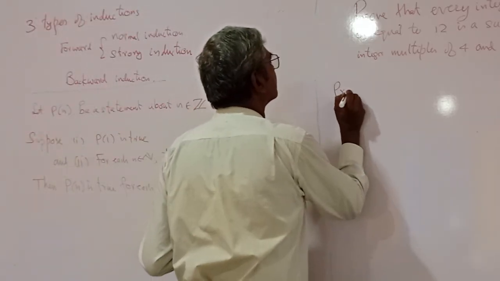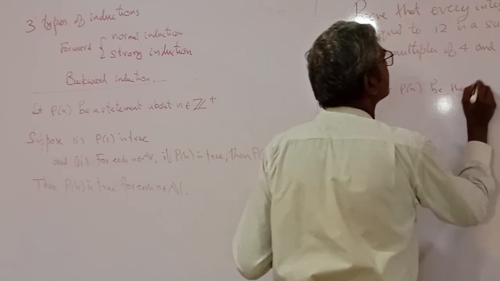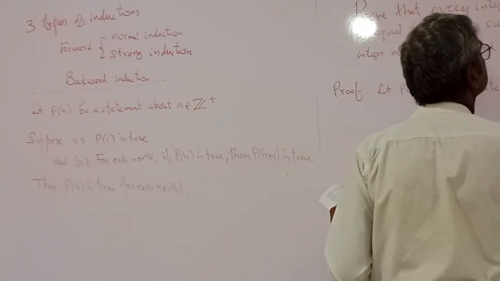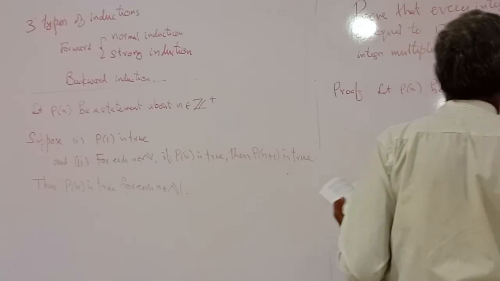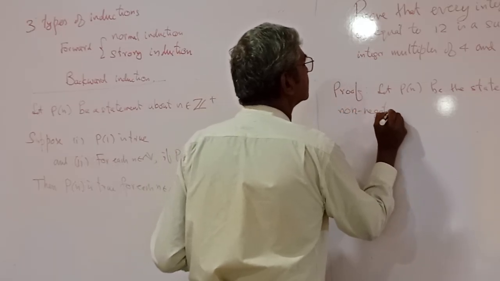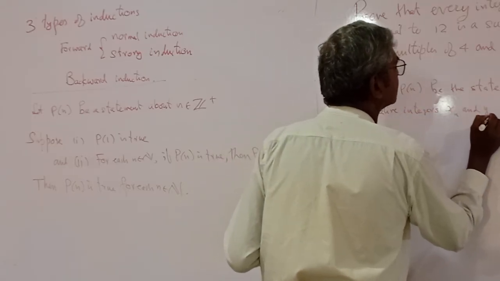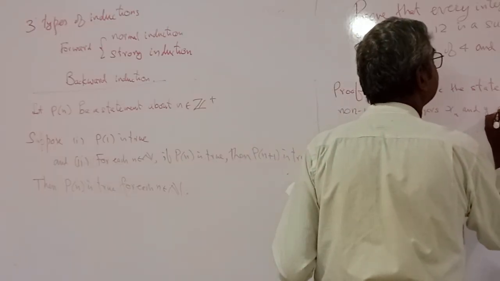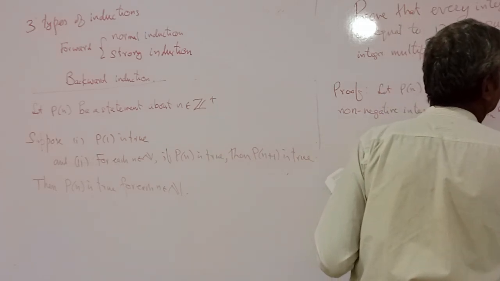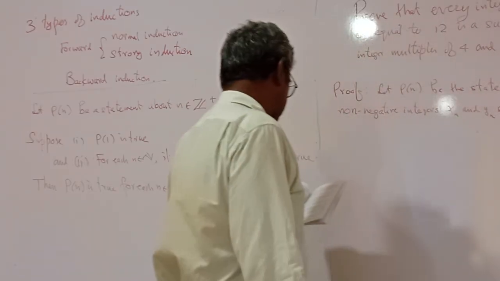Proof. Let P_n be the statement: there exist non-negative integers x_n and y_n such that n is equal to 4x_n plus 5y_n.